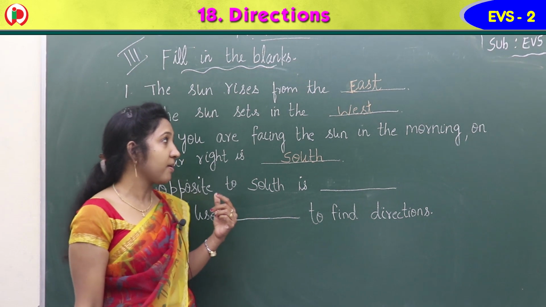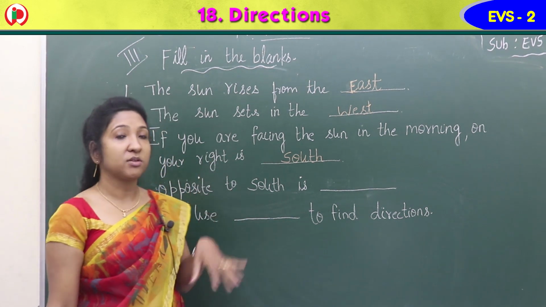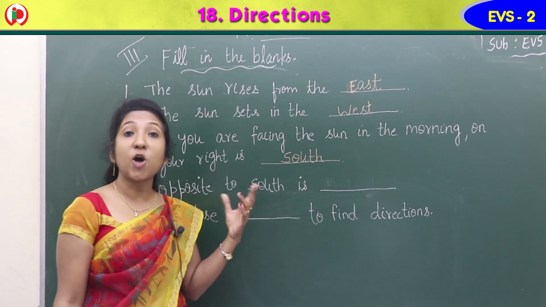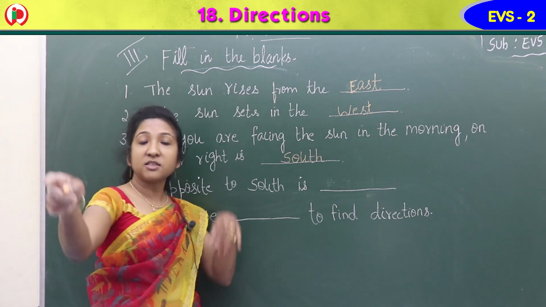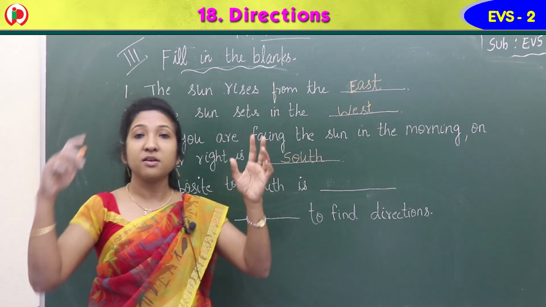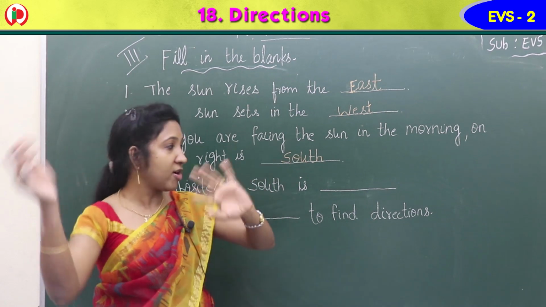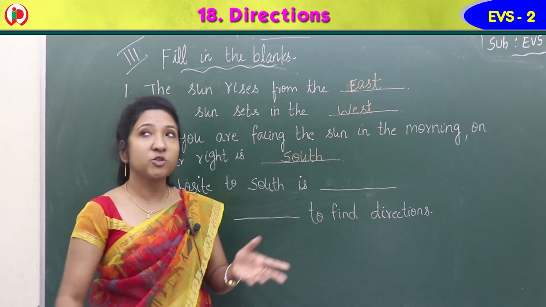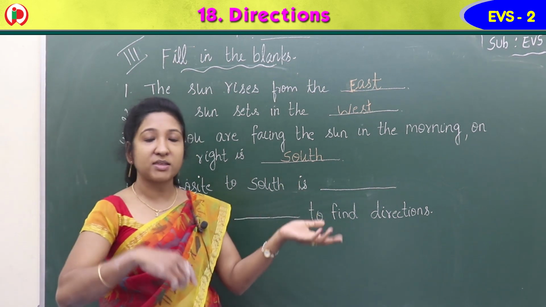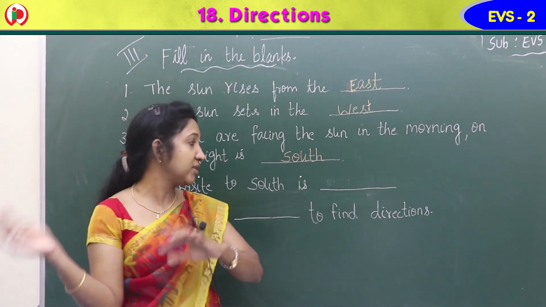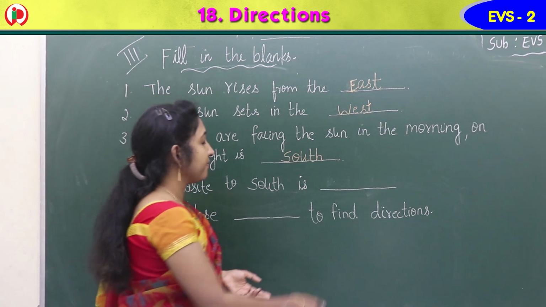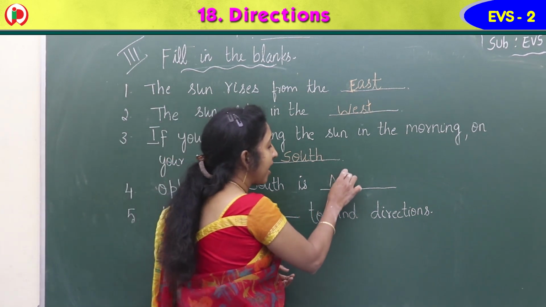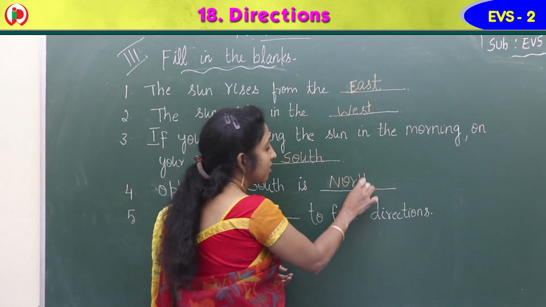S-O-U-T-H, south. Opposite to south. Which direction can you see opposite to south? East, west, north, south. Opposite to east we can say west. East, west. Then north, south. So opposite to south is north. N-O-R-T-H, north.